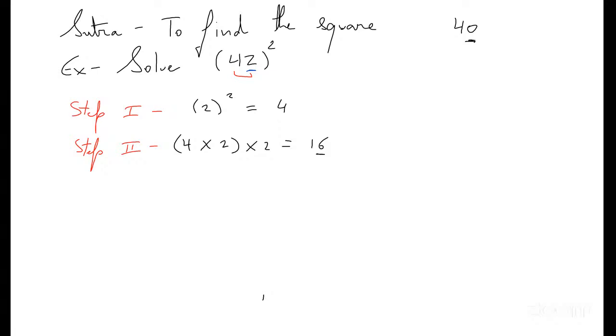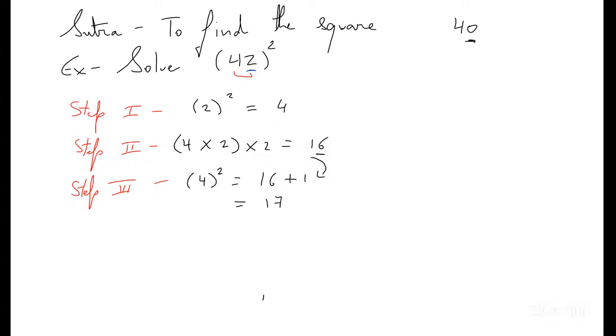Then the third step: we do the square of the number that is at the left side, meaning 4. 16 plus 1, we add this 1 here. So how much? 17. 17 it becomes.